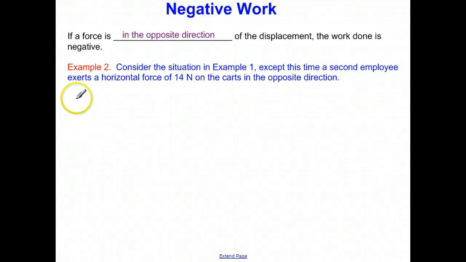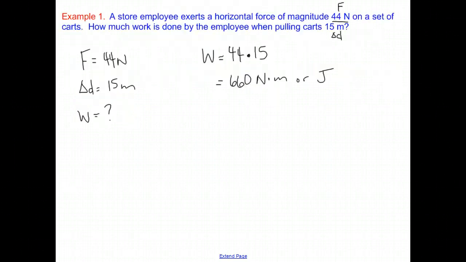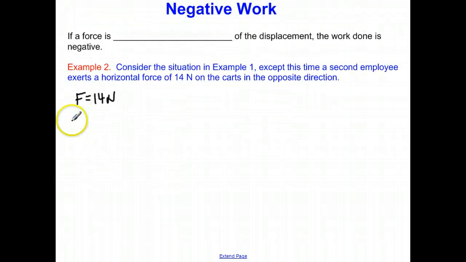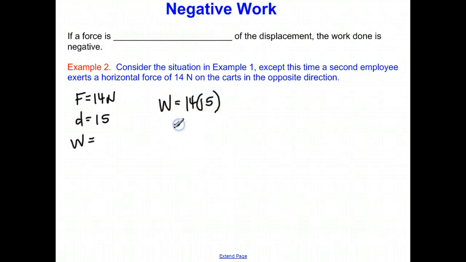So this employee is exerting a force still of 14 newtons. And the cart is still moving 15 meters. So we can calculate the work. So work by the second employee is 14 times 15, and we end up with 210 joules.